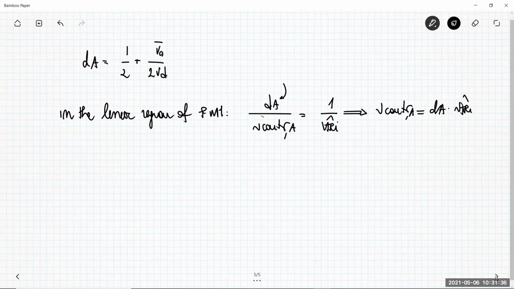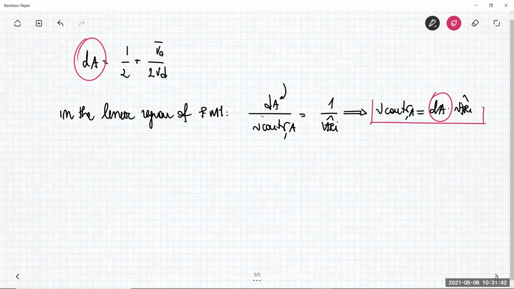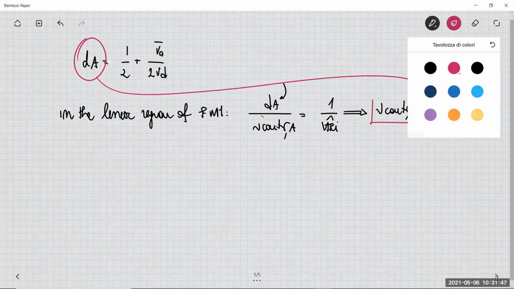Now I have this expression. dA is here, so we can put dA there.